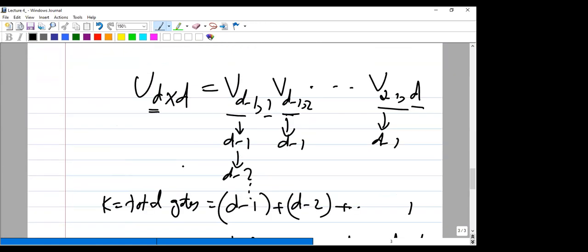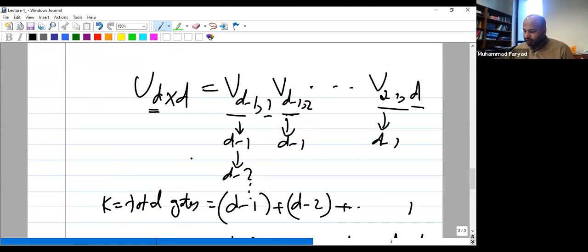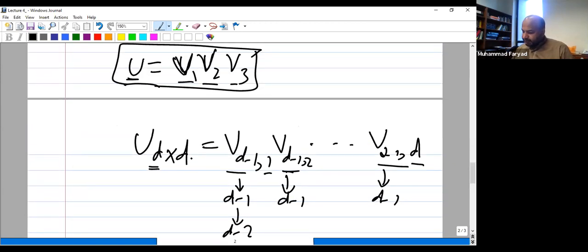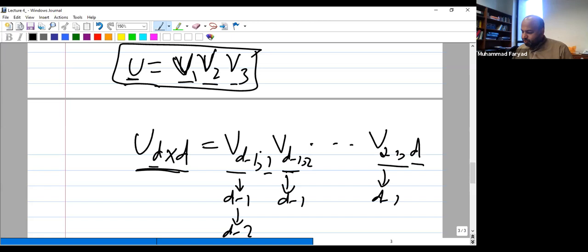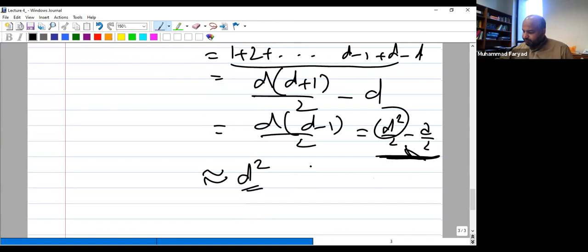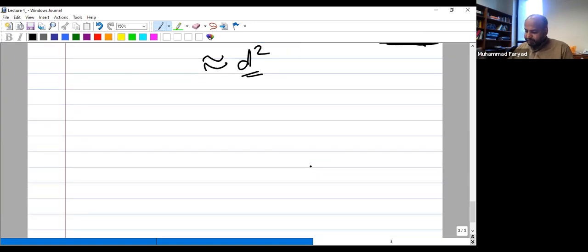Okay, so let's count the number of gates again. We have this D by D matrix reduced to these D matrices, and actually it's better if I do it in a numerical way.